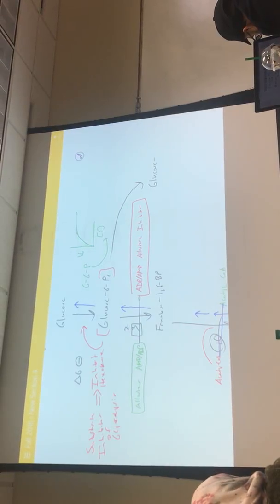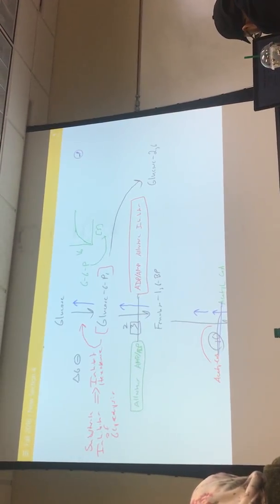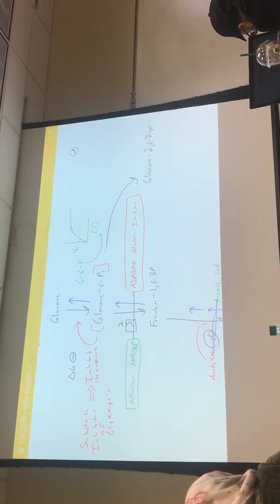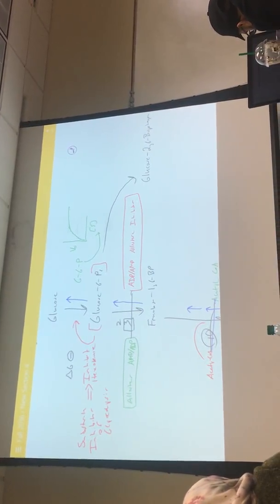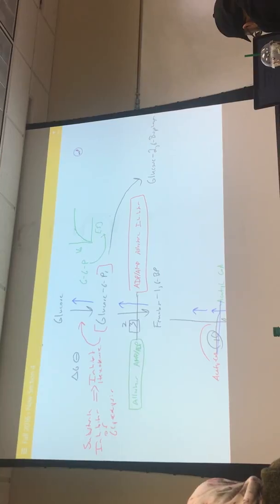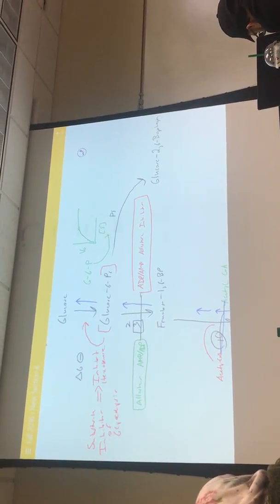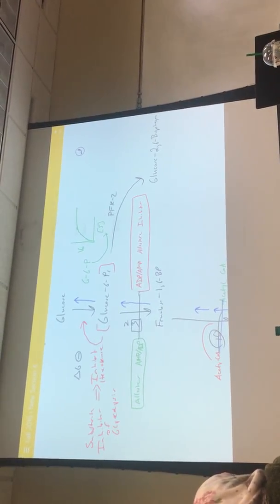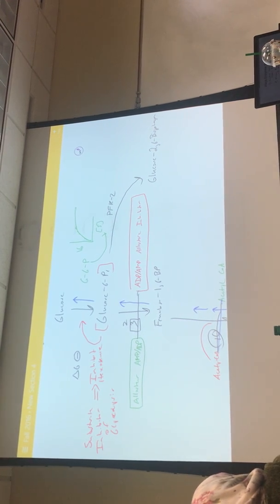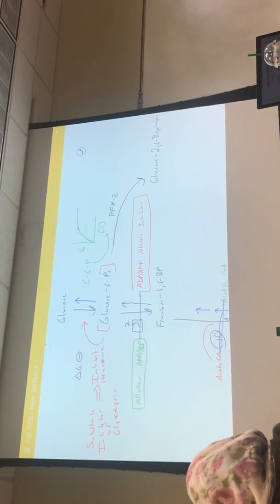It makes glucose 2,6-bisphosphate, okay? And this enzyme that makes it is known as PFK2 to differentiate it from phosphofructokinase. Okay?